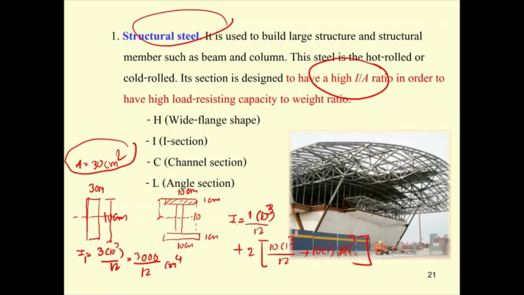You can see this is I2. I2 is a lot larger than I1. So that means this kind of structural section has a higher moment of inertia over area ratio. So this section is going to be very effective, very good for building this kind of special structure.